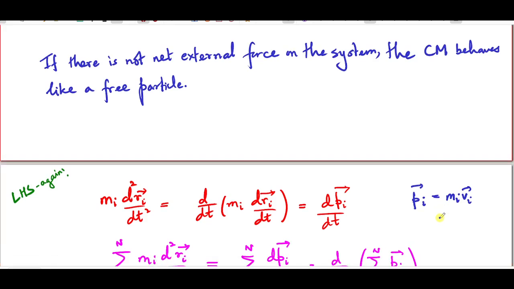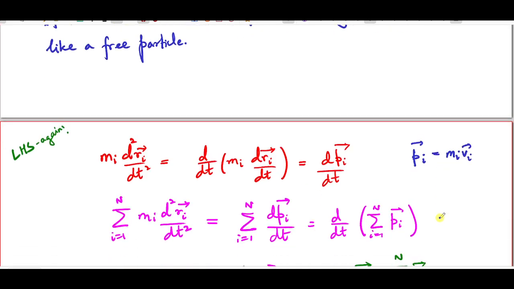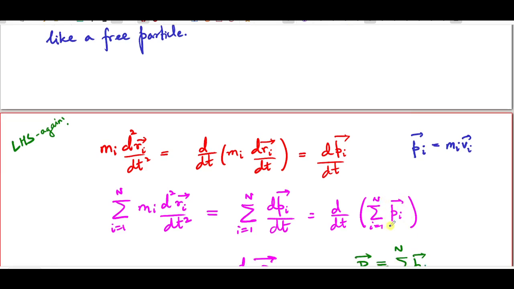So by plugging this in the sum on the left-hand side, we see that the left-hand side essentially becomes the sum from i equals 1 to N of dpi/dt, and we can of course sum up first and then do the derivative, so that this expression is exactly equal to d/dt, rate of change with time, of the sum of all the momenta of each and every particle of the system.